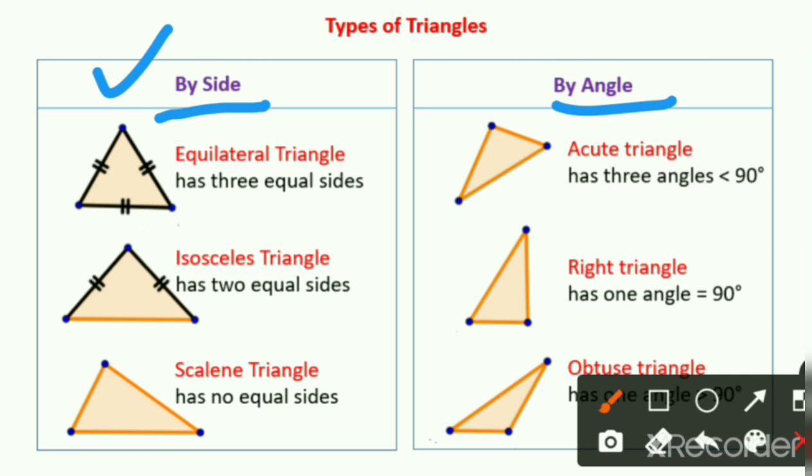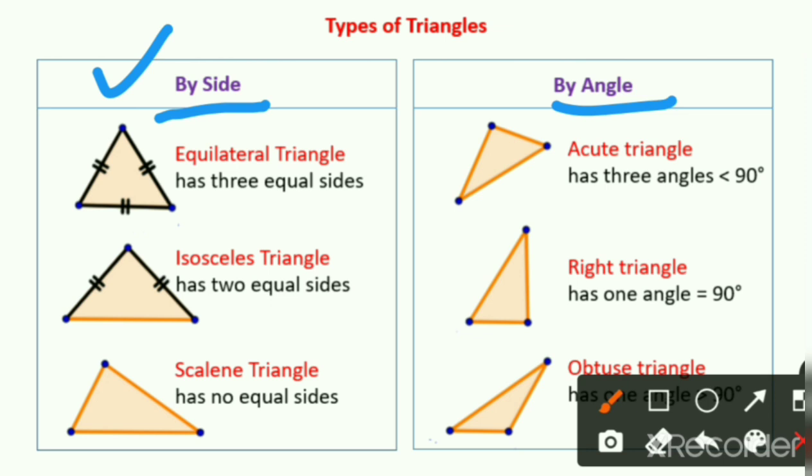The second one we are going to see is isosceles triangle. Isosceles triangle has two sides equal. From the three sides, any two sides will be equal. So isosceles triangle has two equal sides. Clear, children? Now next one, scalene triangle.